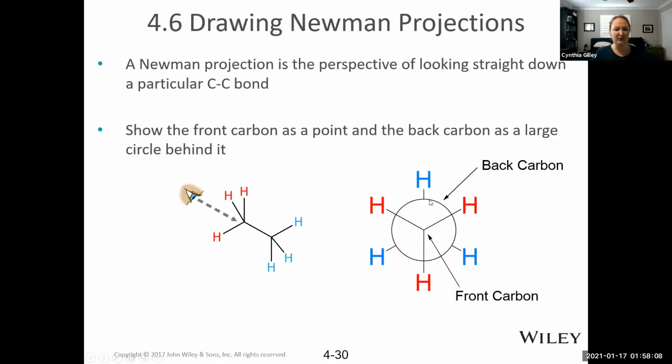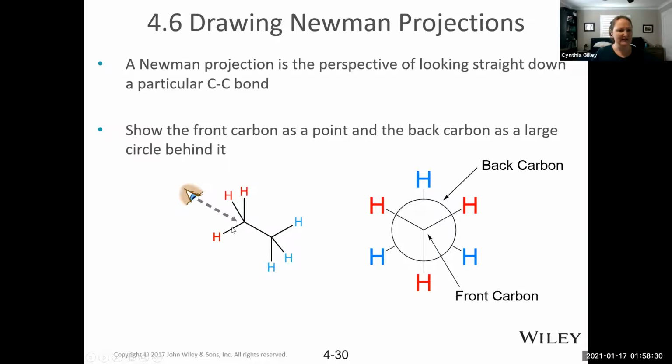And the reason it's represented that way is because in reality, the back carbon is completely eclipsed by the front carbon. So you wouldn't be able to see it at all. So in order to be able to see it and understand the groups that are coming off of that atom, we actually draw it as a circle instead of being just directly behind this dot.